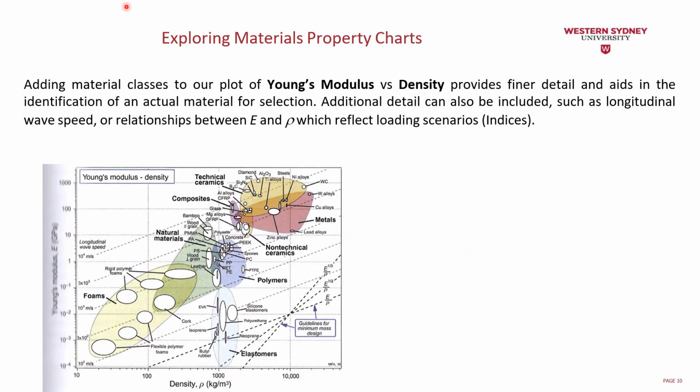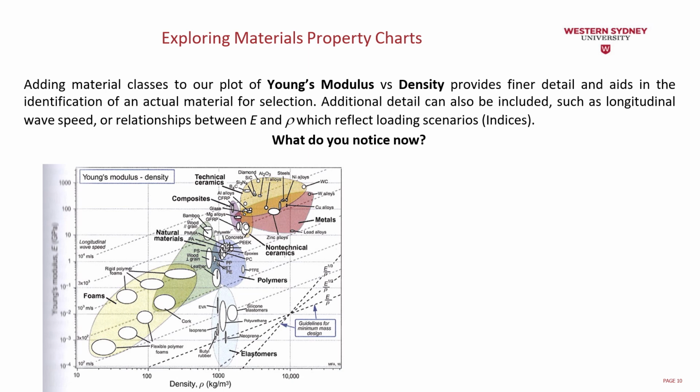Now, adding the material classes to our plot of the Young's modulus and the density provides finer details and aids in the identification of the actual material for selection. Additional detail can also be included, such as the longitudinal wave speed or the relationship between the E and the rho, which reflects the loading scenarios.